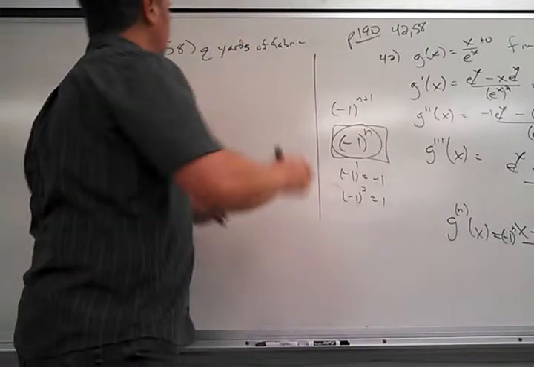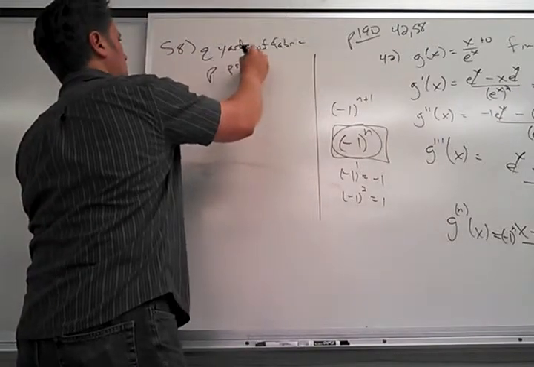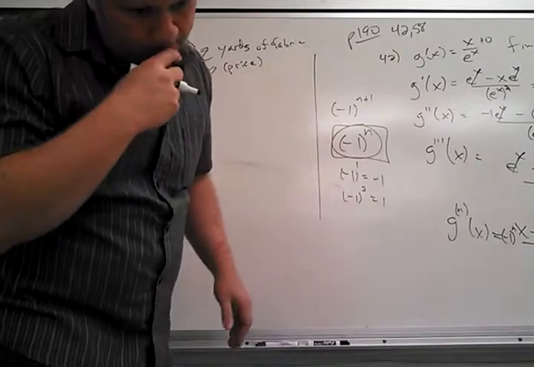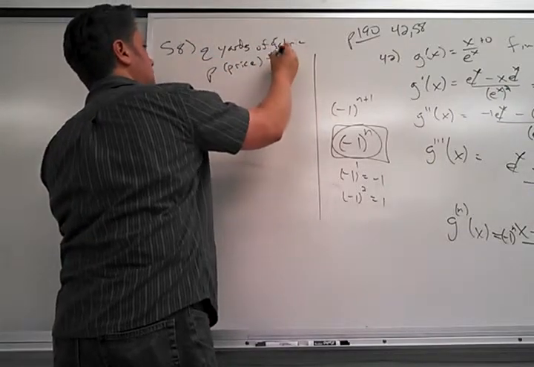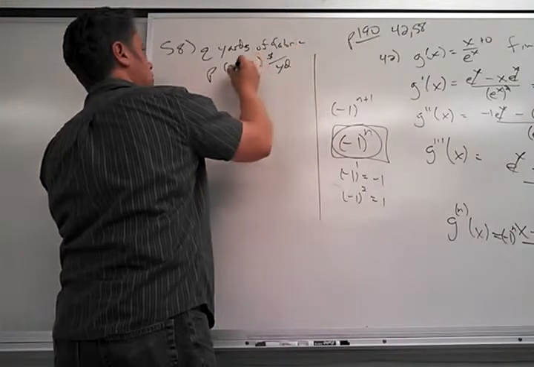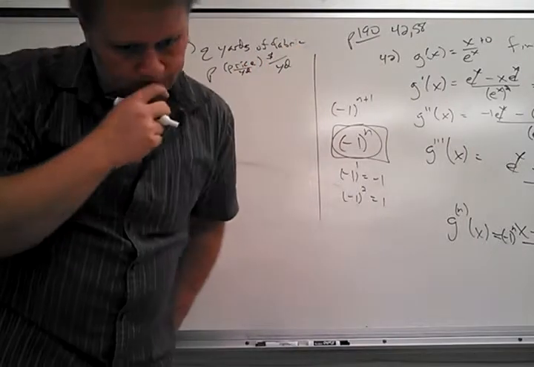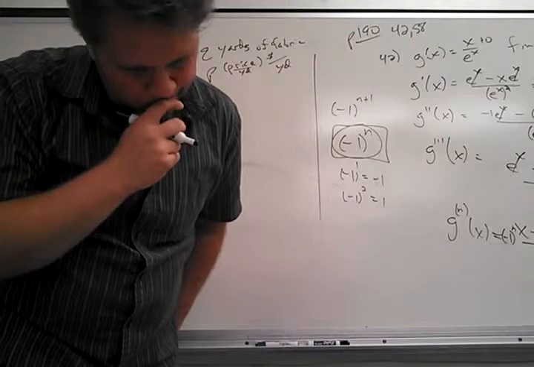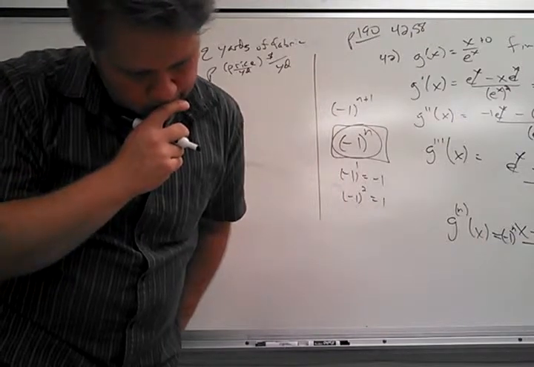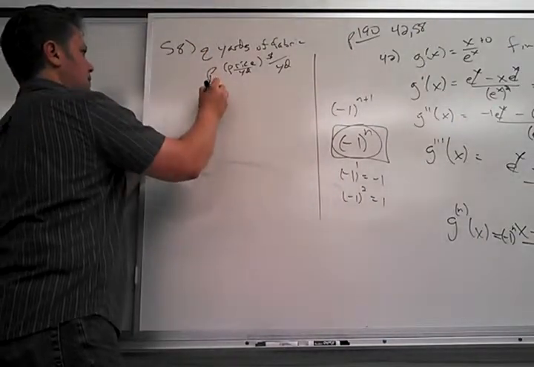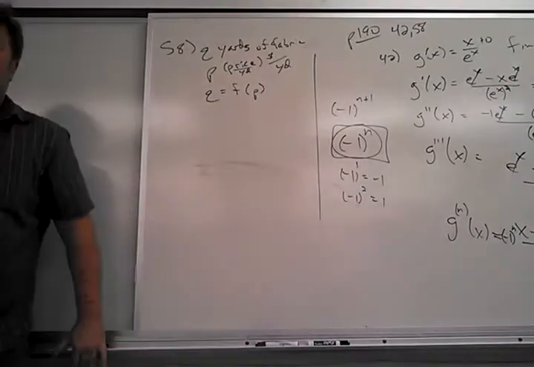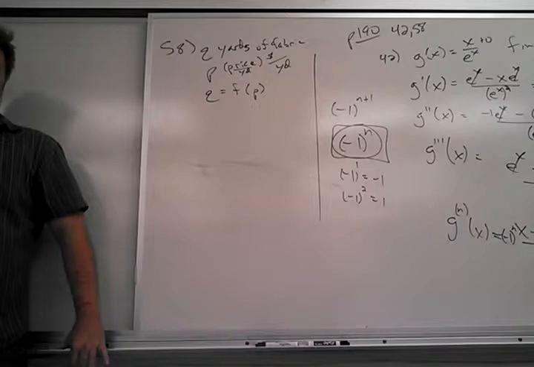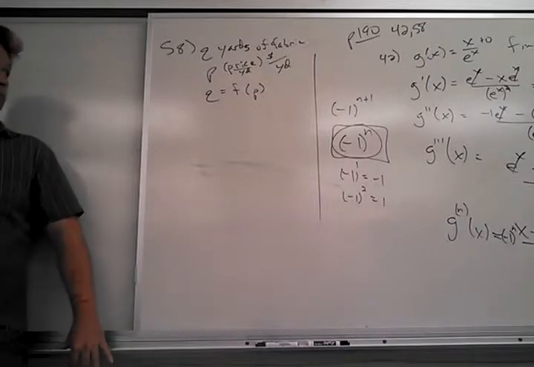It's a function of the selling price P dollars per yard. So it's not just the price, it's dollars per yard. It's a price per yard. All right, so then they tell you that the amount of fabric sold is a function of the price, which makes sense. I mean, that's very basic business understanding.